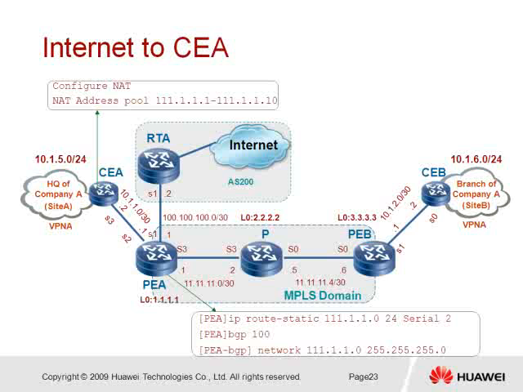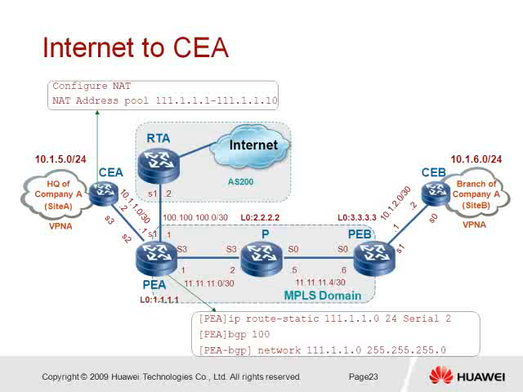In addition, the public network router RTA is required to configure the route to the NAT public address pool as well. We can use the network command on PEA to distribute the user's network segment to the eBGP peer RTA.